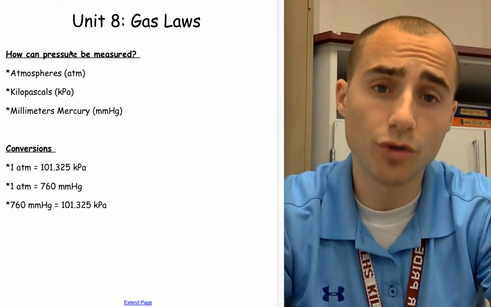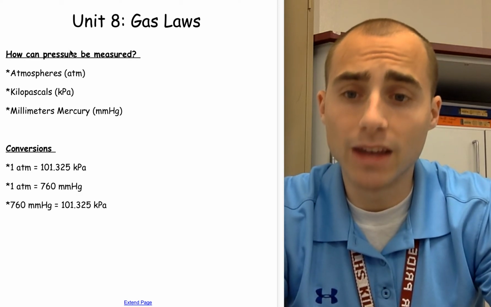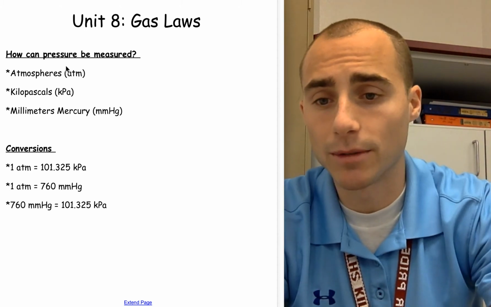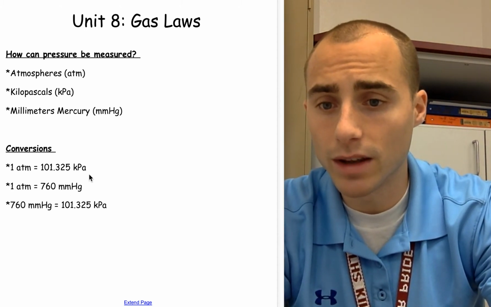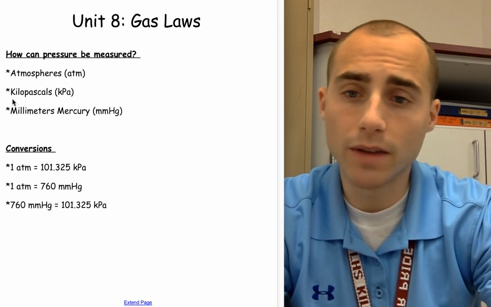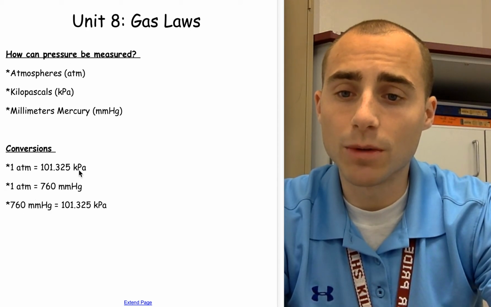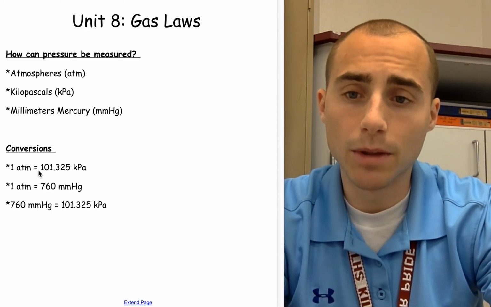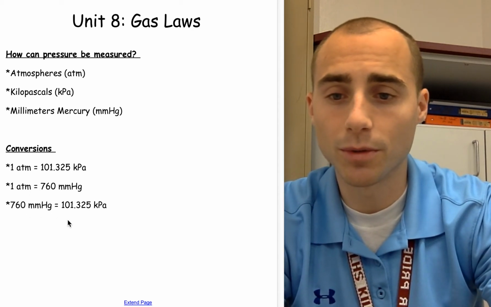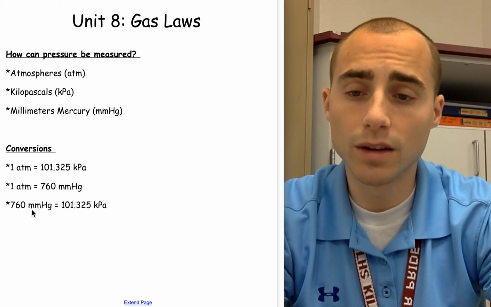Now, what we always want to try to do is convert pressure into atmospheres. Almost every single time we want to convert pressure into atmospheres. So the conversions that you need to know: 1 atmosphere is equal to 101.325 kilopascals. And then 1 atmosphere is equal to 760 millimeters mercury. So then obviously 760 millimeters mercury equals 101.325 kilopascals. But these are the two key ones you need to know right here.